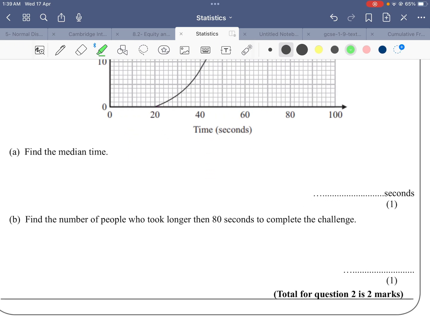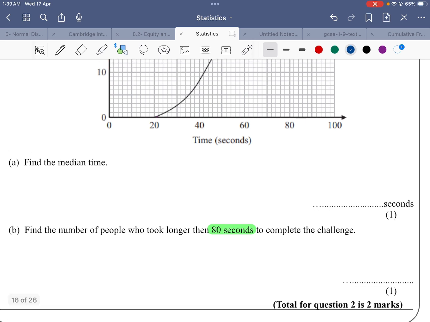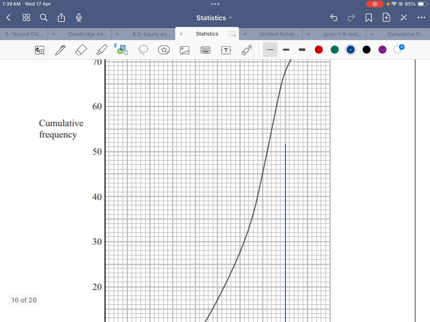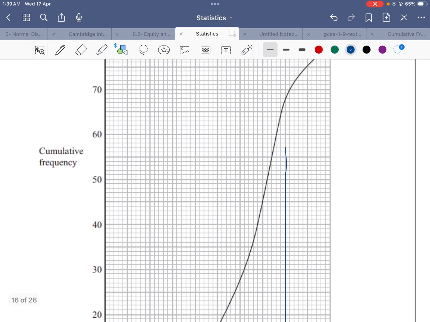Find the number of people who took longer than 80 seconds to complete the challenge. 80 seconds is plotted on the x-axis, so we will draw a line from 80 and see where it touches the curve.